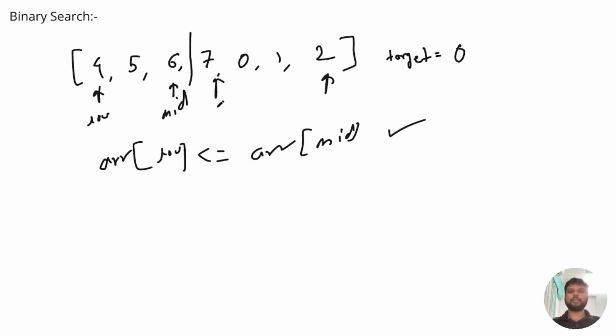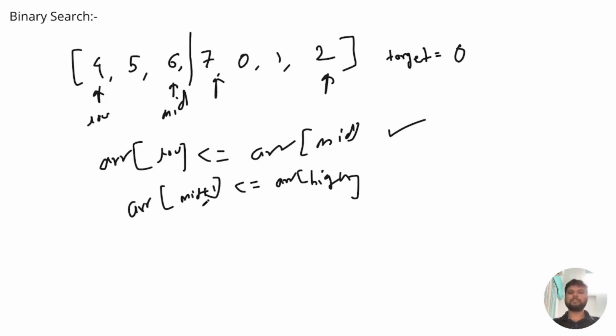And how do you know if the right hand side of the partition is sorted or not? For that we can do something like this: array of, let's say, mid plus 1 is lesser than or equal to array of high, okay? So if this condition is satisfied, the right hand side of the array is also sorted, okay?